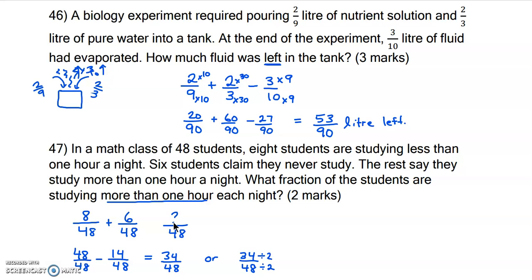So if we want to keep this in fractional form, technically we should have it in lowest terms. And so 17 24ths are studying more than 1 hour. So 34 48ths or 17 24ths of the students are studying more than 1 hour.